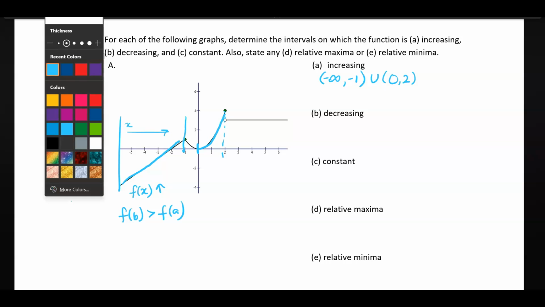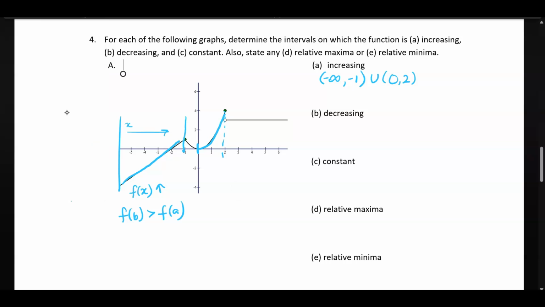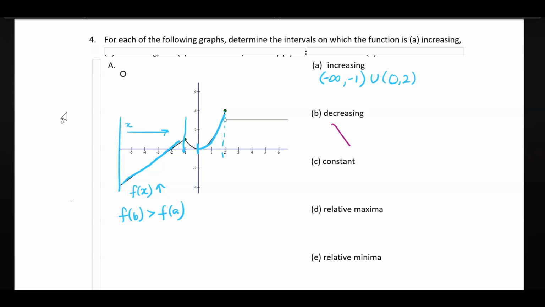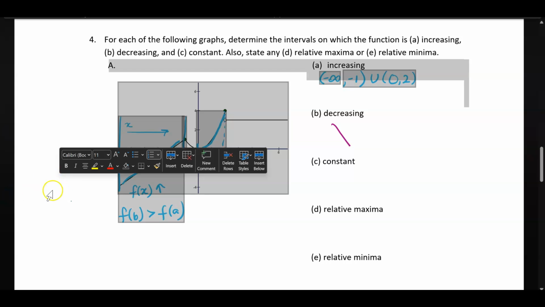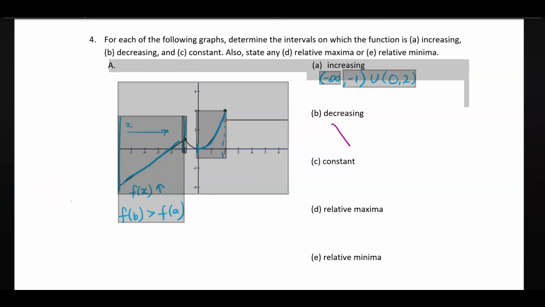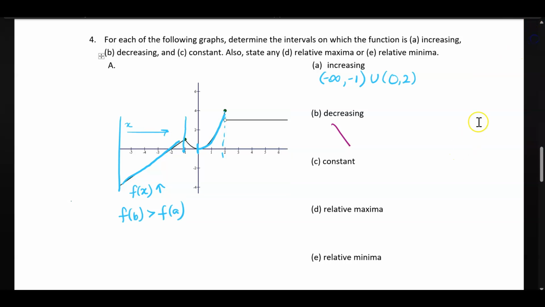Okay. All right, let's take a look at decreasing. Decreasing, just like before, is when our function looks like it's going down. In our function here, I can see that from here to here, the graph is going downward. So that would be where it's decreasing.